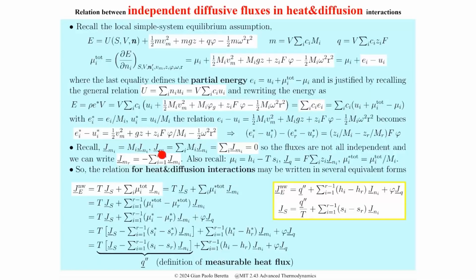And with respect to that, the mass flux, by definition of barycentric velocity, is equal to 0. And therefore, the weighted sum of the molar fluxes of the various constituents weighted on their molecular weight must be equal to 0. That makes them not all independent.